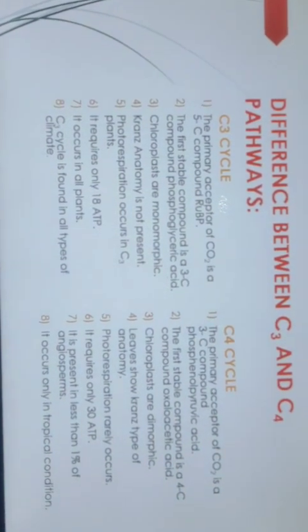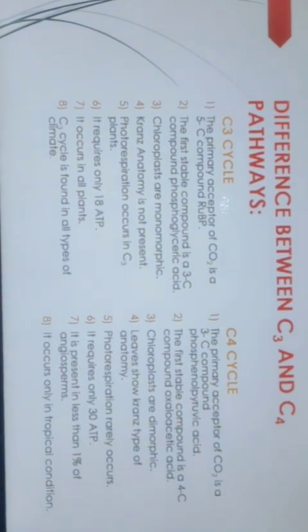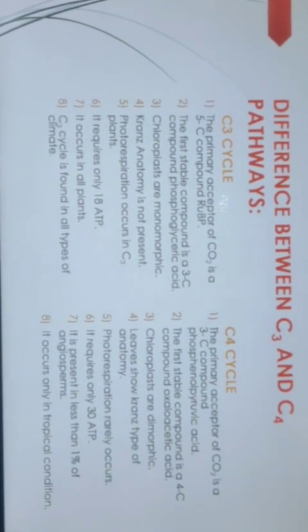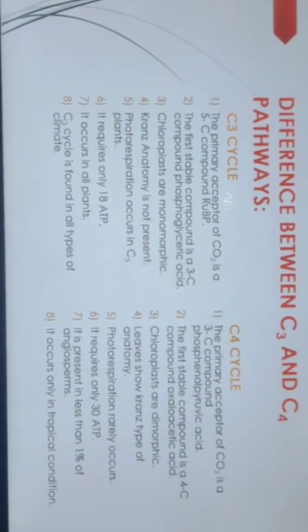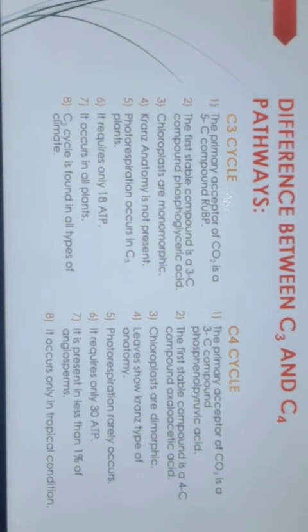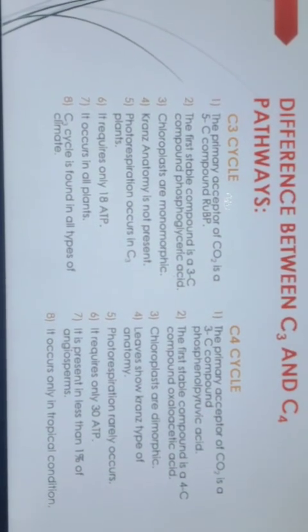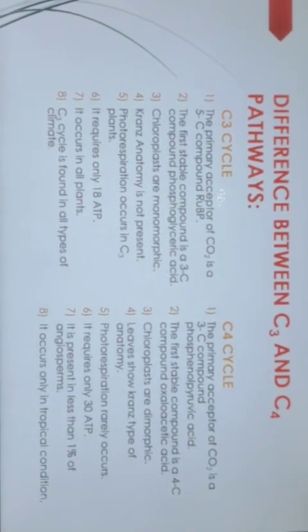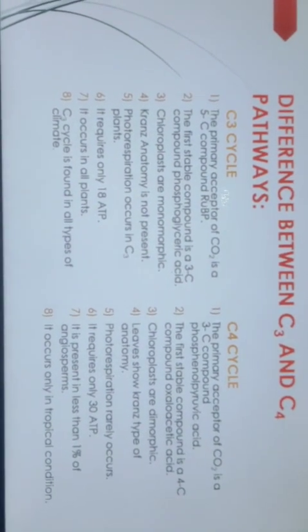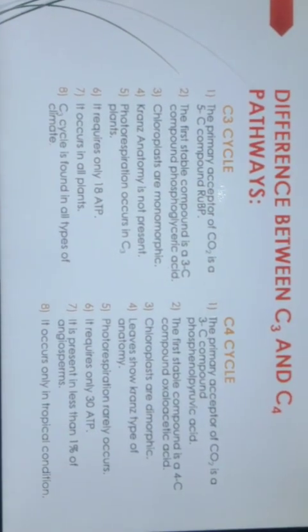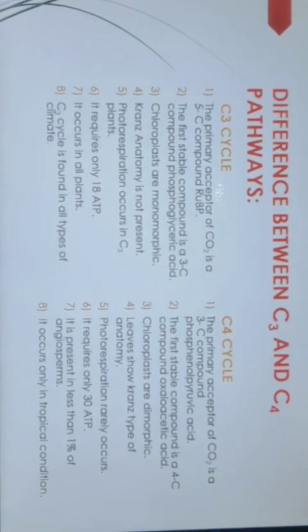However, the C4 plants do not show any characteristics in their external morphology. So therefore, we cannot say whether a plant is C3 or C4 by looking at it externally. Now, which cells in the plant have rubisco? That is the bundle sheath cell.